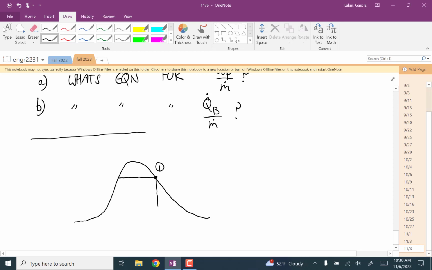There's state 1, state 2, state 3, state 4, and these are the stages.